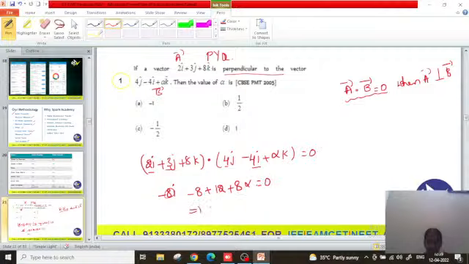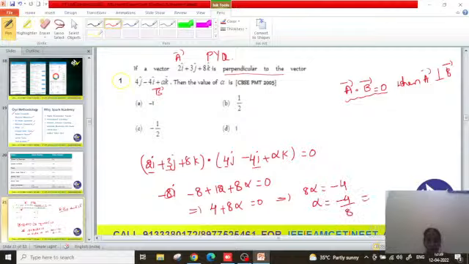Then minus 8 plus 12 is plus 4, plus 8 alpha is equal to 0. From this we can write 8 alpha is equal to minus 4, alpha is equal to minus 4 by 8, which is equal to minus 1 by 2. So we have used the property of dot product or scalar product: when two vectors are perpendicular to each other, their dot product will be equal to 0. And we have found the value of the constant alpha.